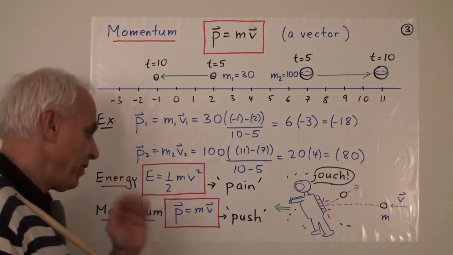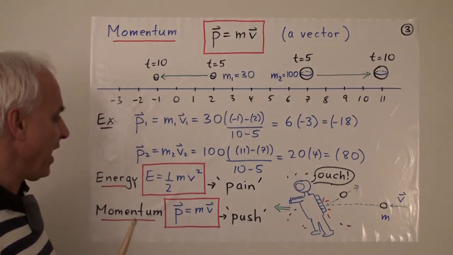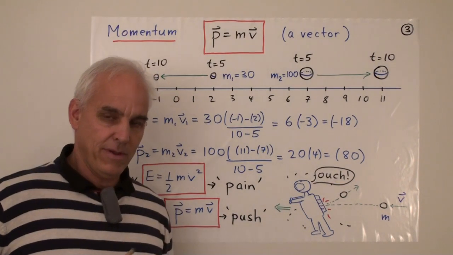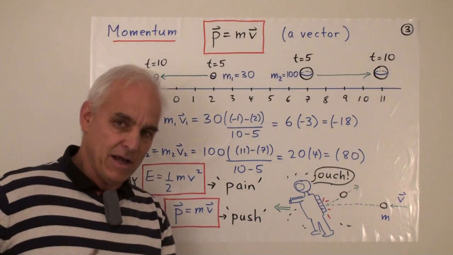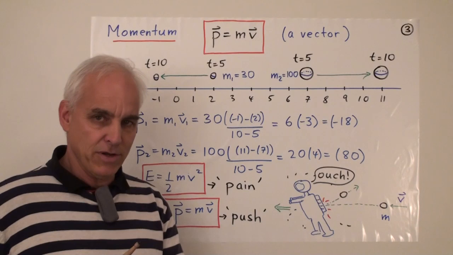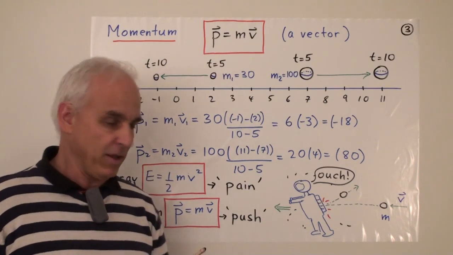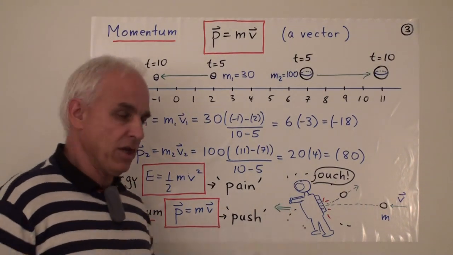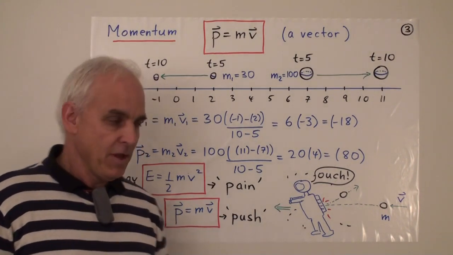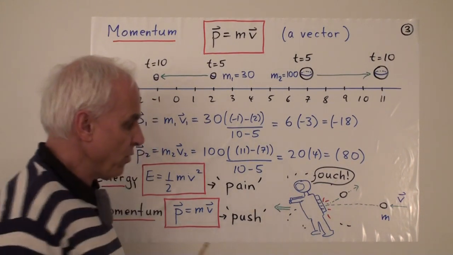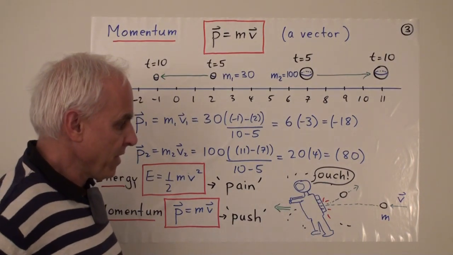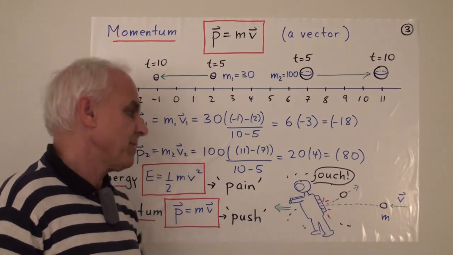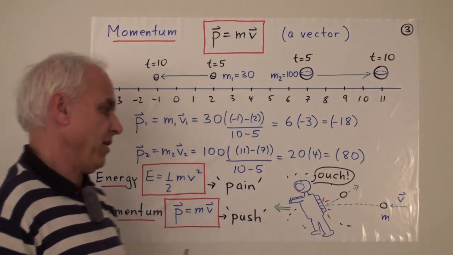And very simplistically, you can think of the energy as causing some pain. The energy hits you, and you feel an ouch. The higher the energy, the more pain you're getting because that thing is whapping you. The momentum is actually more pushing you than anything else. So that particle is going to give you some momentum. It's going to be transferred depending on the momentum of this thing here.